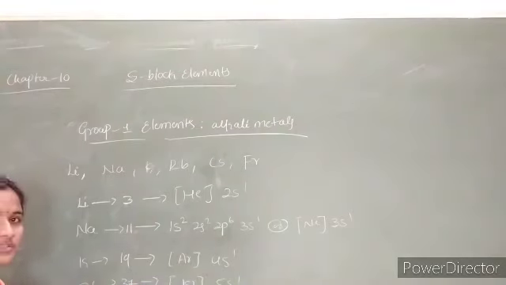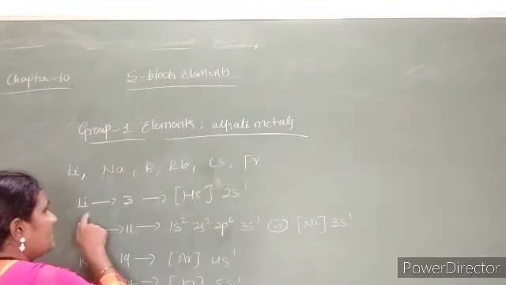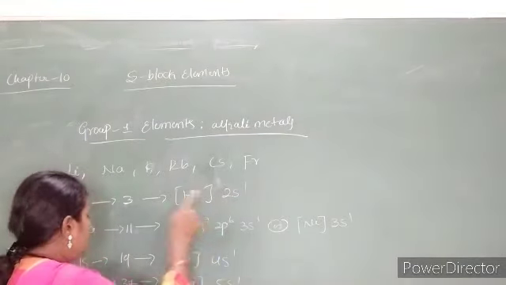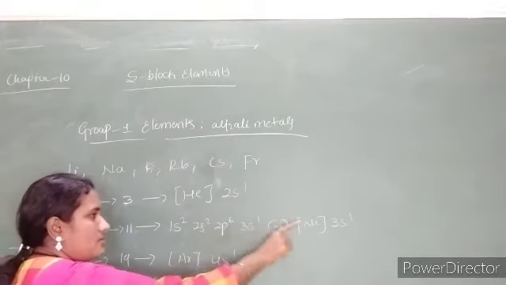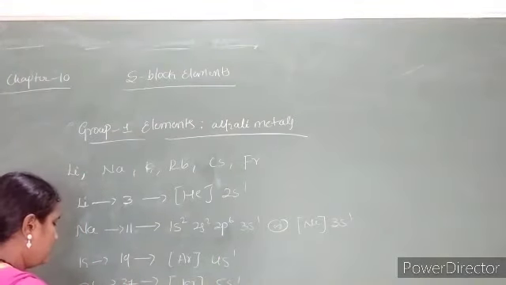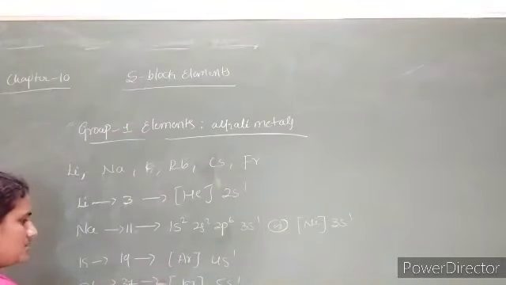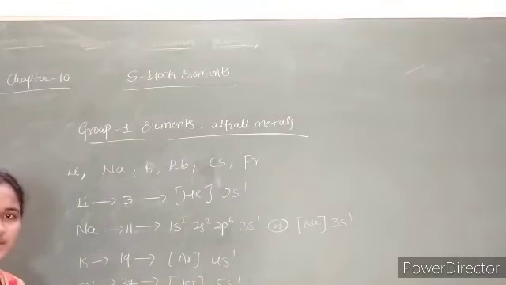If they ask about the outermost electronic configuration of lithium, you have to write only 2s1. For sodium, you write 3s1, potassium 4s1, rubidium 5s1, cesium 6s1, francium 7s1.